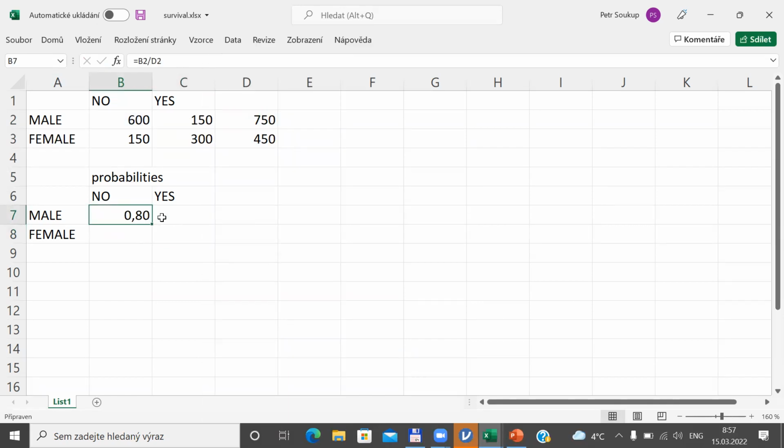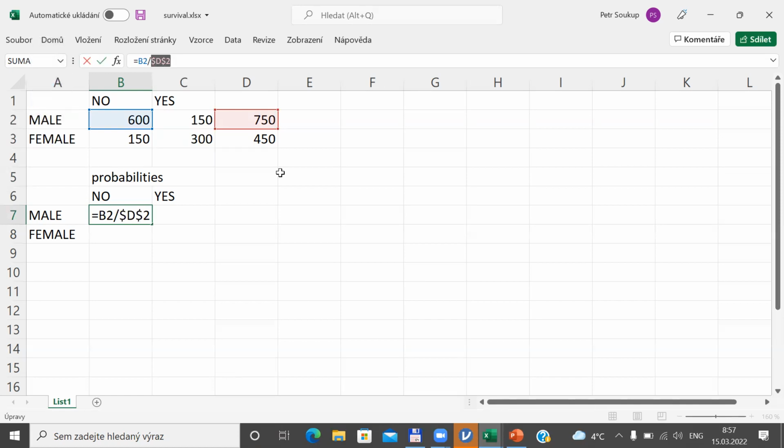And if I would like to compute the same probability for female, and I don't want to repeat the computation, I can simply fix this column. So I will only change the style of this equation.